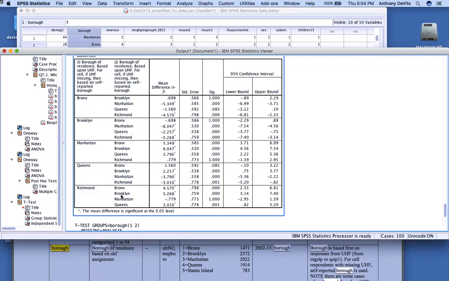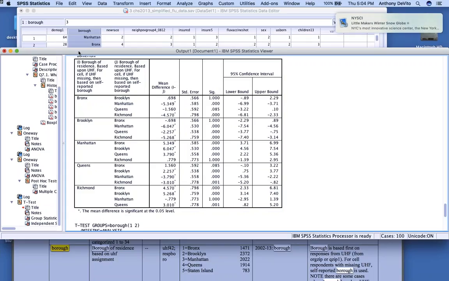In fact, it gives it to you twice, because if it's comparing Manhattan and Queens, when the box on the left says Queens, it's also going to compare Manhattan again. But yeah, actually, if you wrote down every group that's different here, it would probably be about 6 of them that are different. Brooklyn, Manhattan, whatever it comes out to. That's analysis of variance. That's what you would be doing.